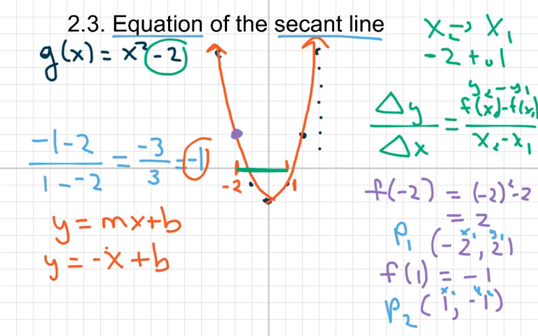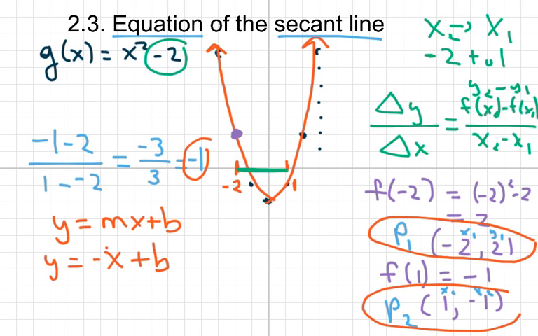You can plug in this one or this one. It doesn't matter because both of these points lie on the curve there. And basically we're going to draw a line to connect these 2 points. I'm going to connect these 2 points and then make the line. So that's the secant line. And that's what secant line means.